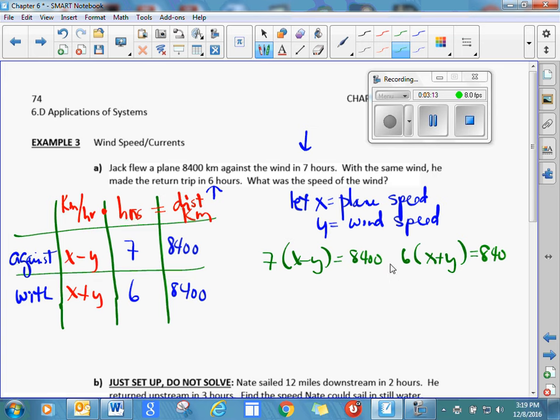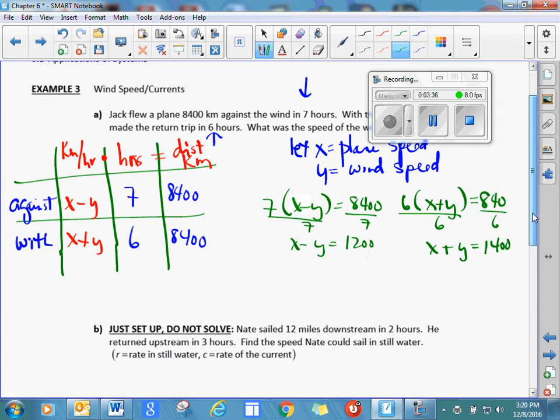So if we go ahead and solve these, or at least divide through by 7 to make this look a little friendlier, divide both sides by 7, we get x minus y is equal to 1,200. And divide both of these by 6, we get x plus y is equal to 1,400.